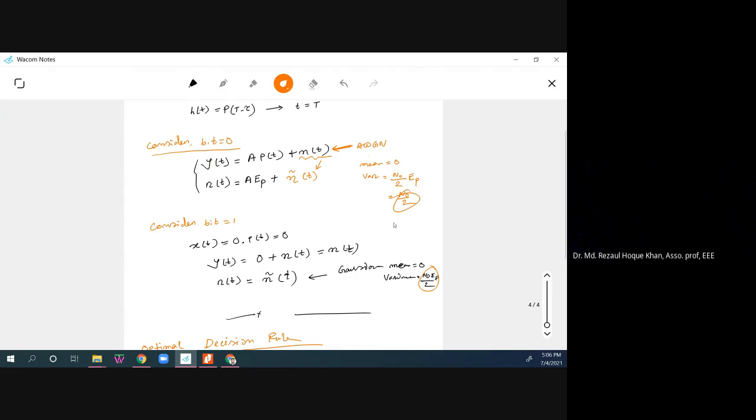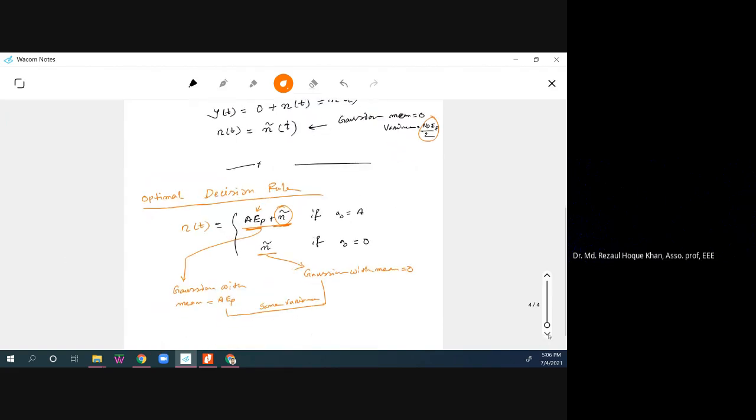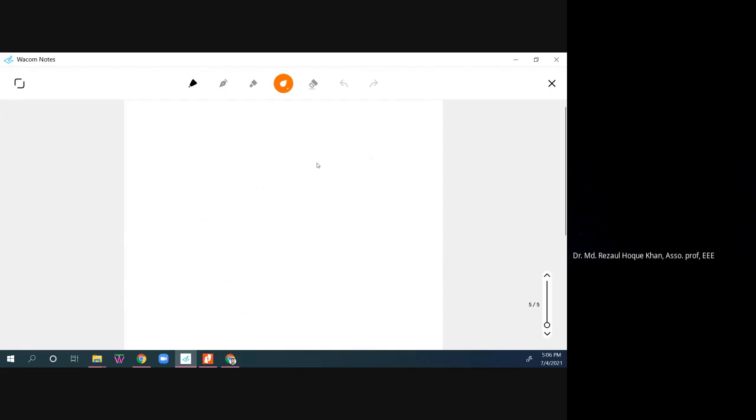So let us draw a probability density function for both cases. For one case, this is the Gaussian distribution. For another case, this is the Gaussian distribution, right?